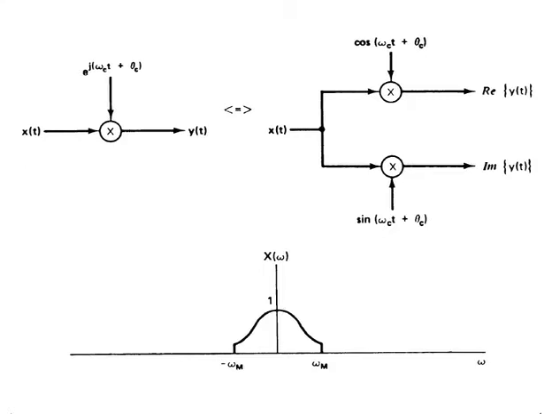So in a practical system, modulation with a complex exponential carrier would be accomplished with modulation with sinusoidal carriers that are in quadrature, as it's referred to, or equivalently 90 degrees out of phase.